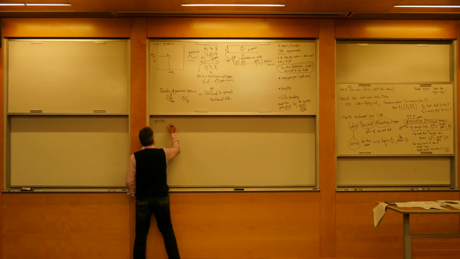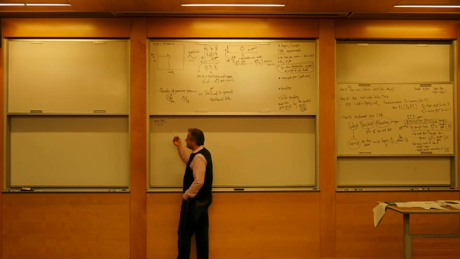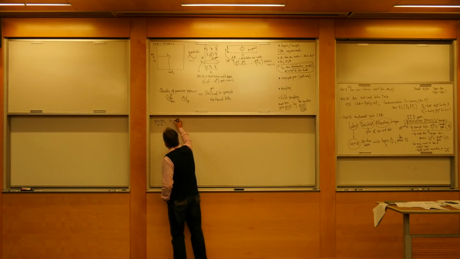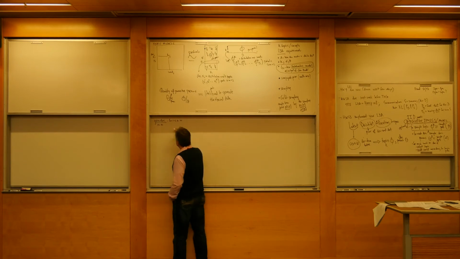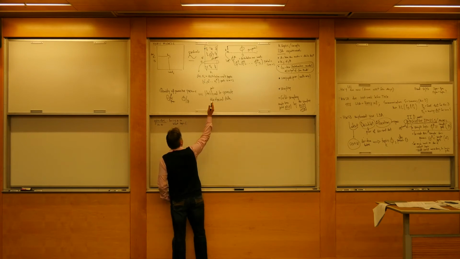Generate a document for n equal, say, 10, for i equal 1 to 10. Select topic according to probabilities. I think we call those betas.